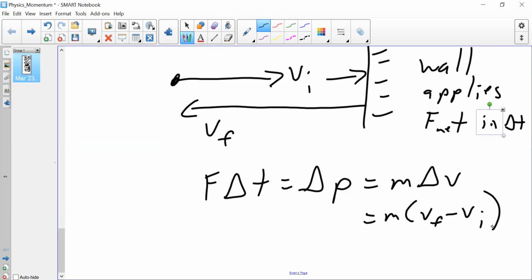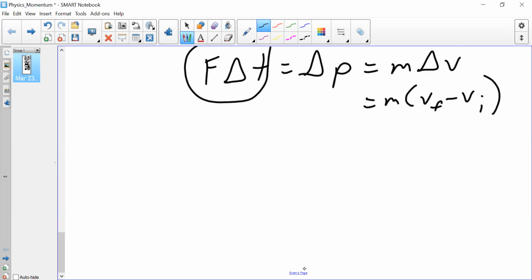And we can find the impulse here by using any of these equations on the right. So again, impulse, which is F delta T, you can rewrite it this way. It doesn't matter. F delta T equals delta P, or I equals delta P. It's the same thing.